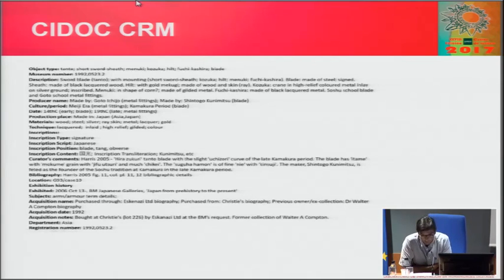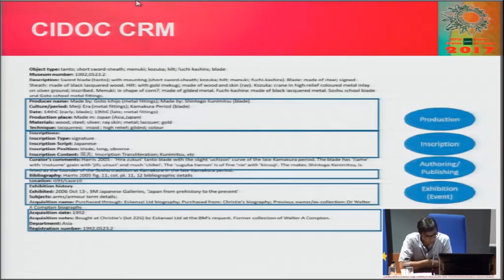Probably can't see it very well, but it has different dataset categories here, such as an internal ID, a description of the sword, details about its production, as well as metadata about when it was exhibited and its curation. And so what you can do with CIDOC is map these categories to relevant CIDOC concepts.